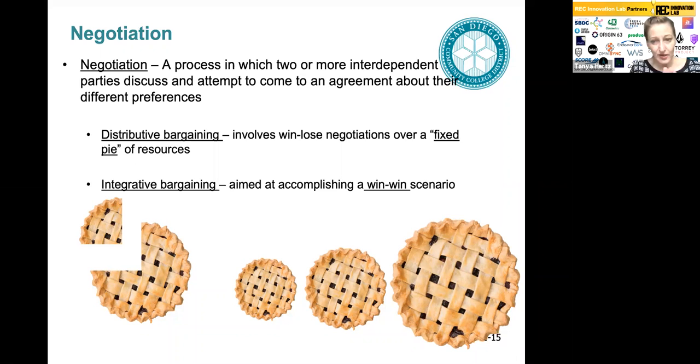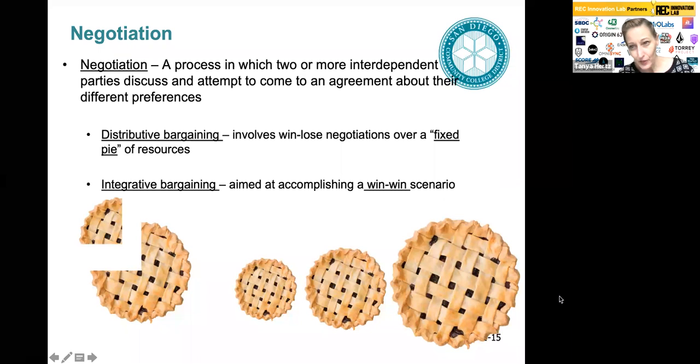Integrative bargaining is when we're trying to get a win-win situation, and we recognize that there is not just one fixed pie, but there are many sources of pie, and if we do this right, I don't have to lose a piece of pie just because you gained one. Instead of cutting up the pie that we have, we can make the pie bigger, right?